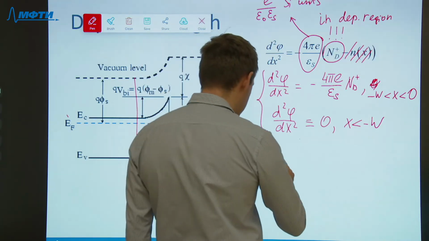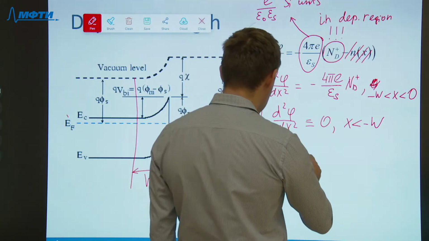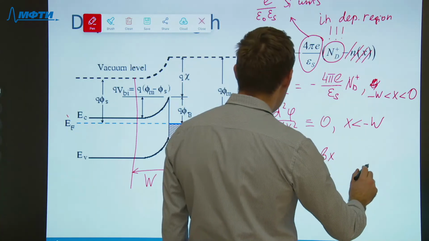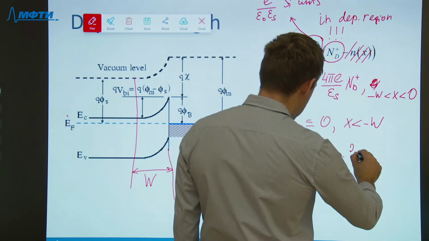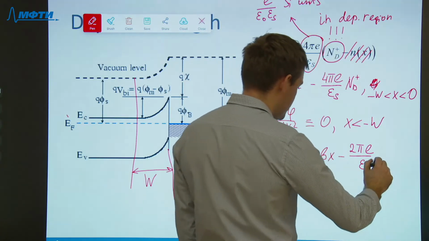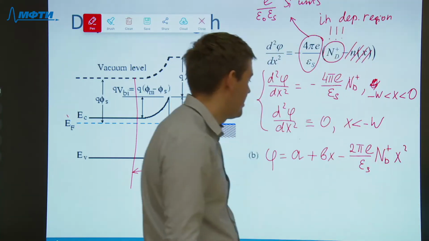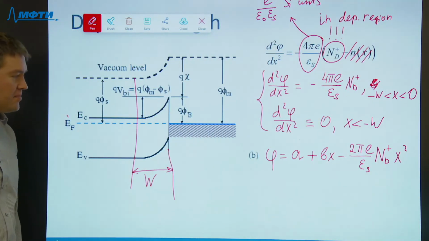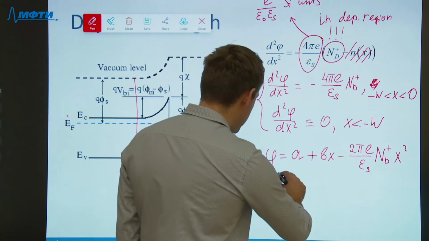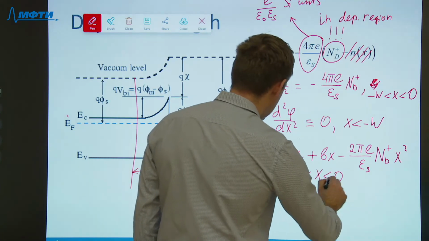We integrate it twice and get that phi equals some constant a plus bx minus 2 pi e over epsilon of semiconductor multiplied by N d plus multiplied by x squared. This is the solution in the depleted zone from minus w to 0.